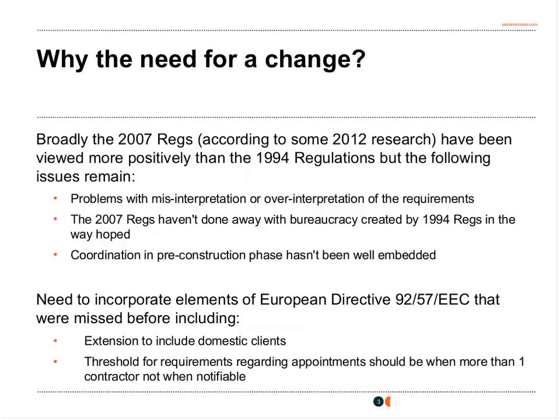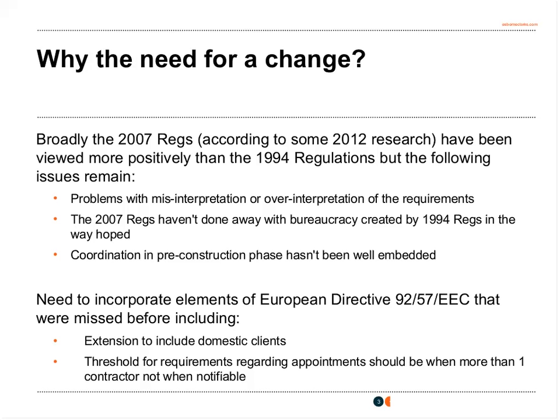So next slide. Why have we had 3 sets of regulations since 1994? Well, broadly speaking, there has been criticism of both the 1994 and indeed the 2007 regulations for bureaucracy and ineffectiveness in achieving this end goal of safety improvements in the construction sector.